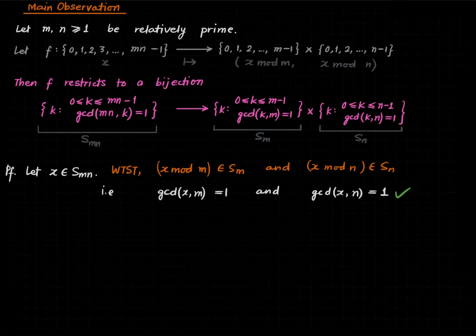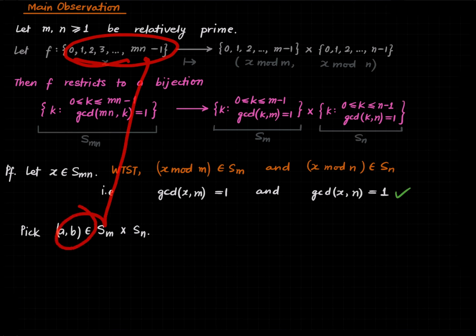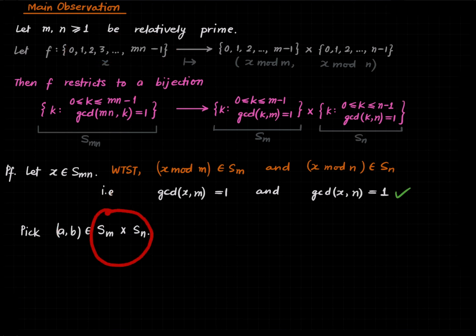Let's do the other direction. So for the other direction, pick something from the right hand side, meaning pick a pair from this cross product. We want to show that there is something here whose image is this guy, but since this was a bijection, there is something here whose image is this guy, right? In particular, anything here is also in the target of our map f. So we just need to show that if x is the element here whose image is this guy, then x actually lies here.